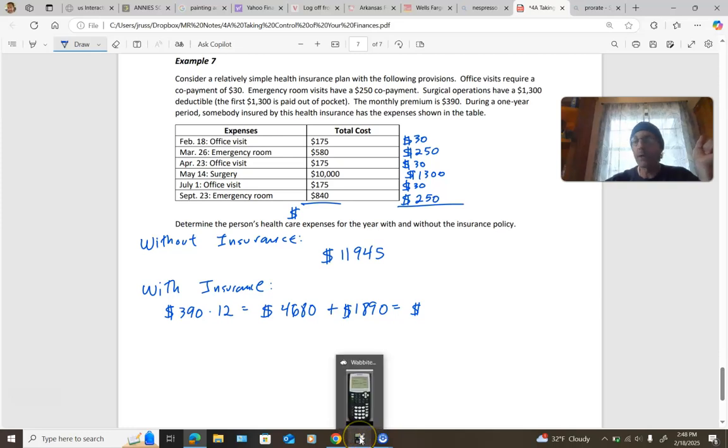If we could guarantee that nothing disastrous is ever going to happen to us, then it wouldn't make sense to have insurance. If I knew that all I'm ever going to have to go to the doctor for is whenever I get sick or have the flu or something, then I probably wouldn't even have insurance.